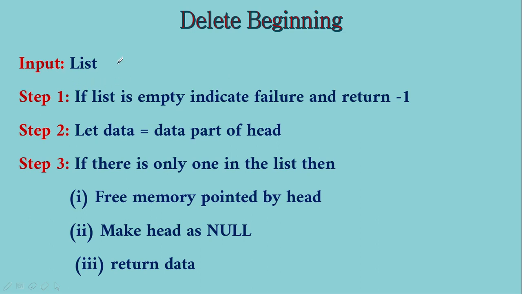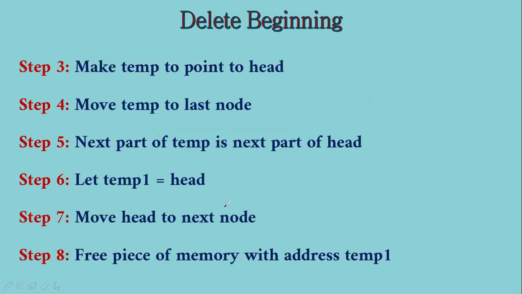So the input of the operation is the list, and if the list is empty, you are going to indicate failure and return -1, and you are storing the data part of head in a variable data, and you are checking if there is only one node in the list. If there is only one node, then what should we do? We should free the memory pointed by head, make head null, and return the data.